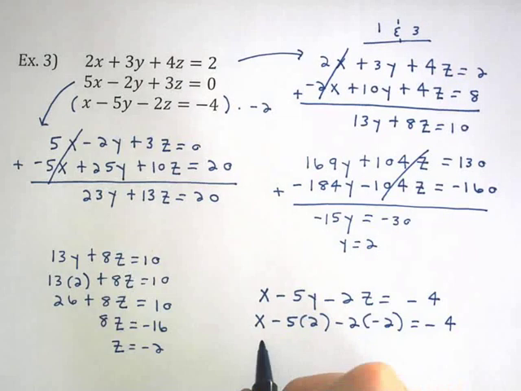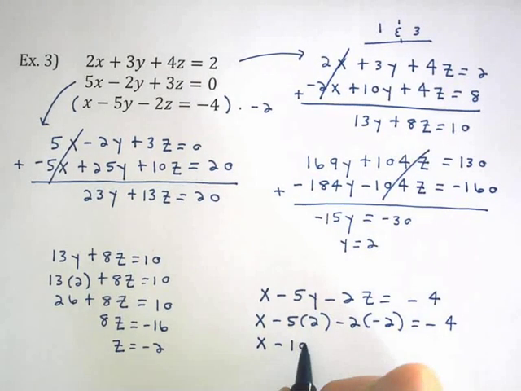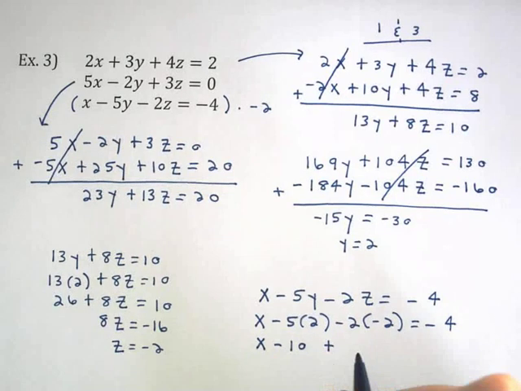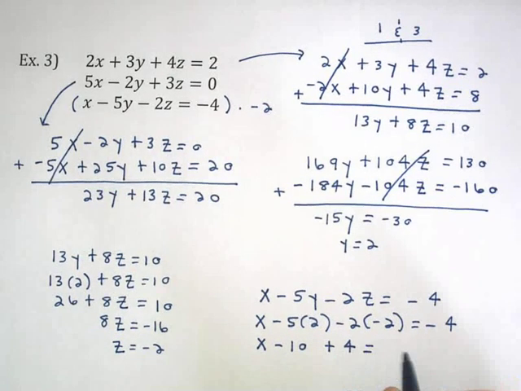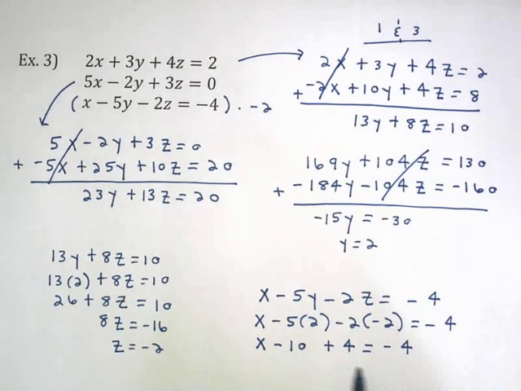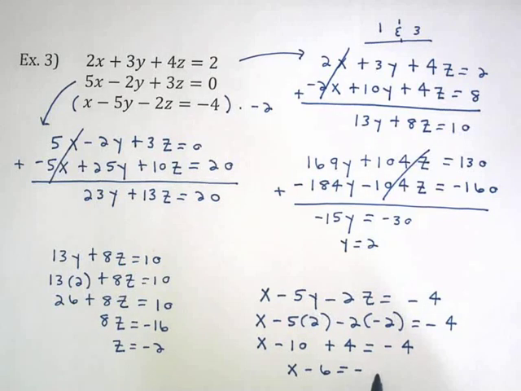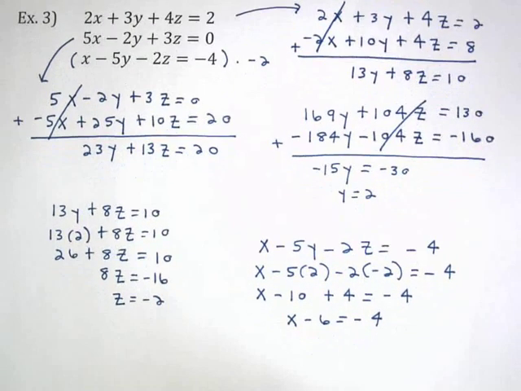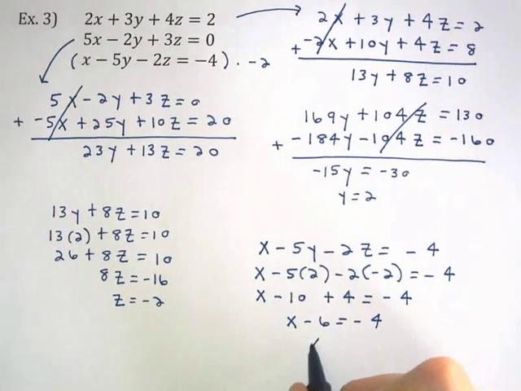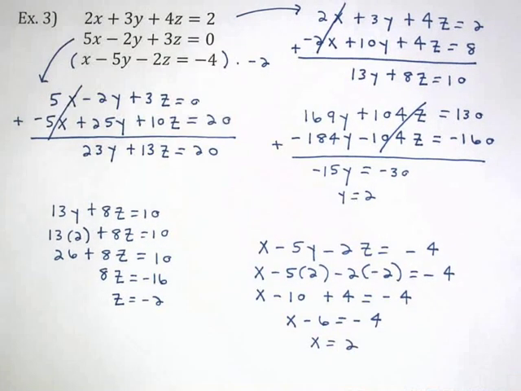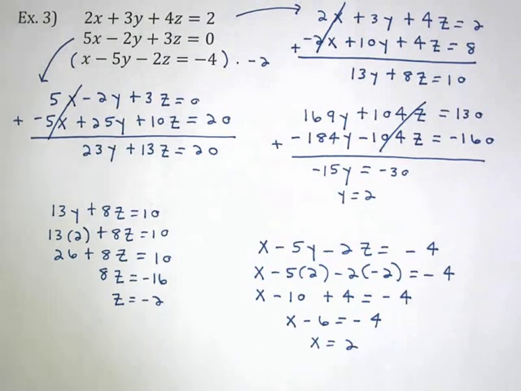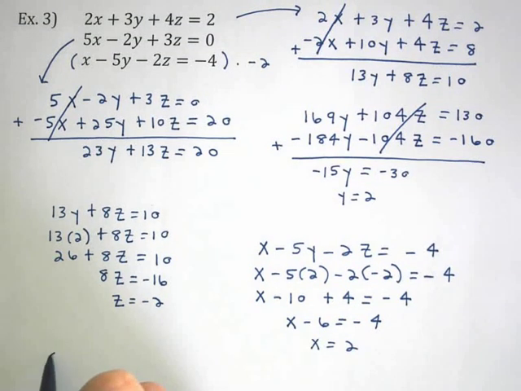Put in 2 for my y, negative 2 for my z. So I get x minus 10 plus 4 equals negative 4. Simplifying right here, that's really just negative 6. Which means if I add 6 to both sides, I get x equals 2.